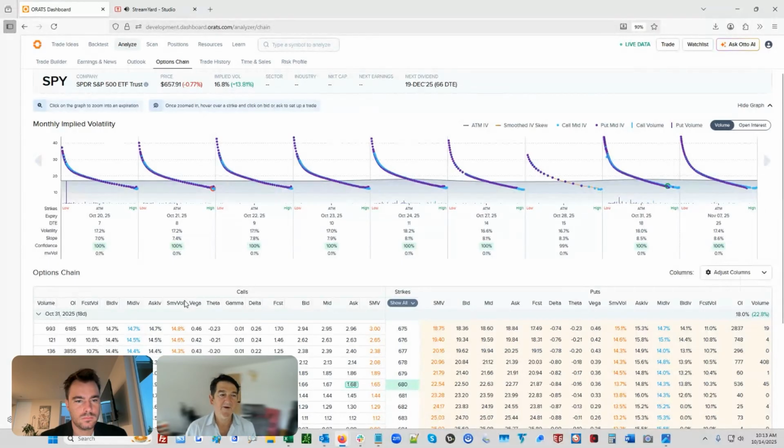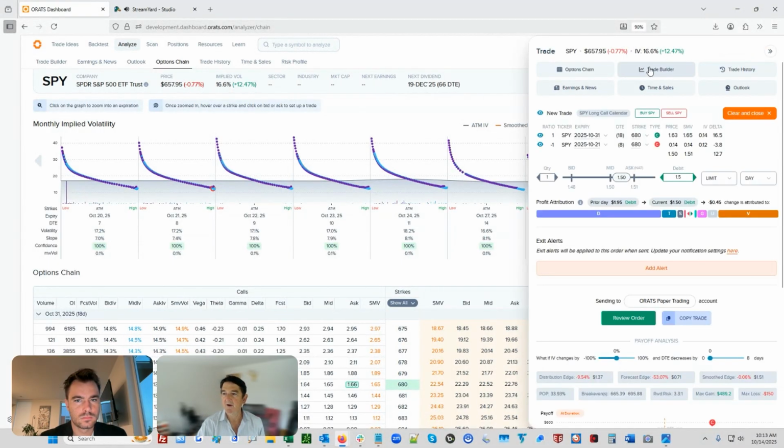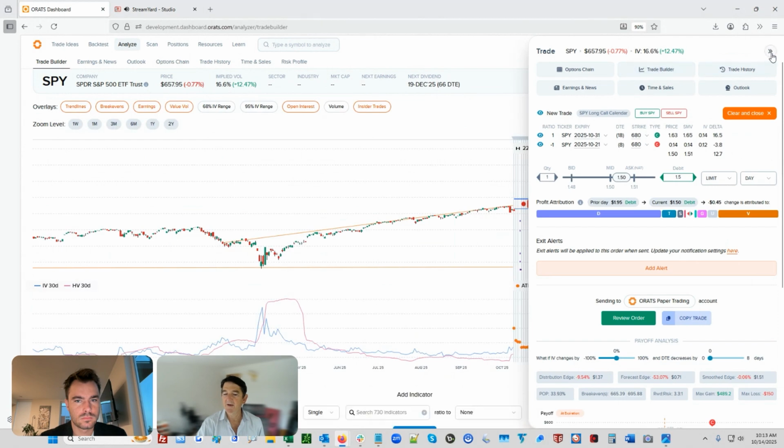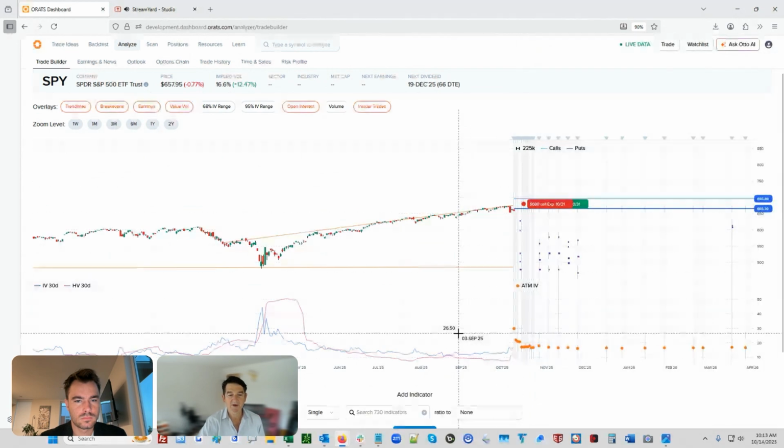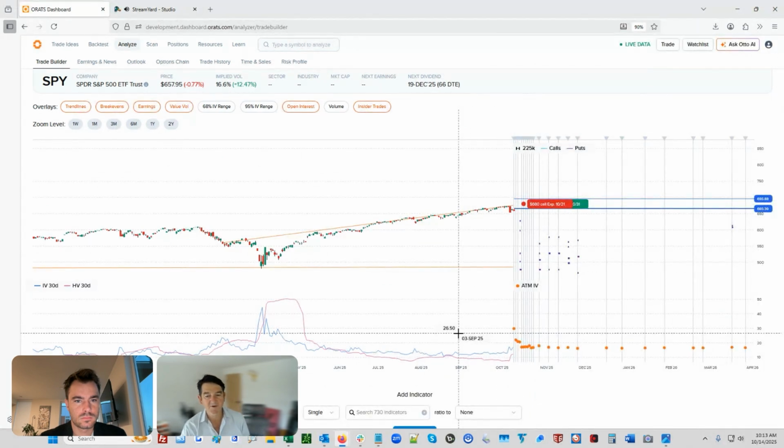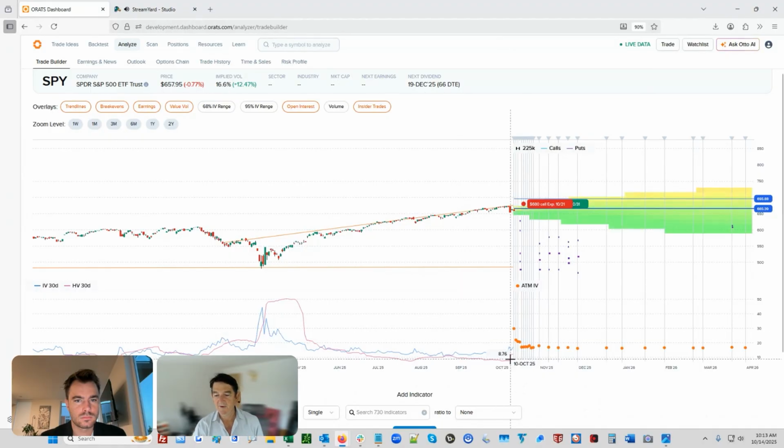But I think another way to look at the forecast value is to click on the trade builder and see why we're coming up with such a low forecast of volatility. And the reason you see that is the historical volatility has been incredibly low. That's the magenta line.